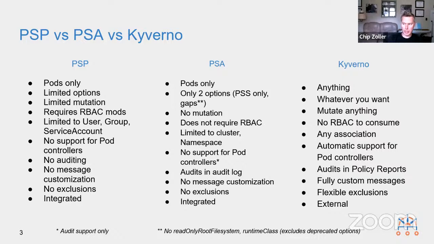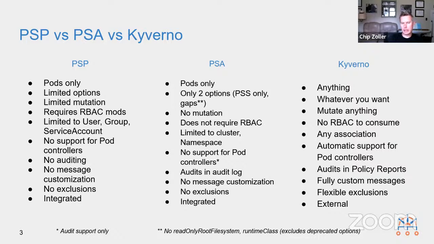So PSPs, pods only. Pod security admission, the replacement for PSPs, also only handles pods. Like pod security policy, pod security admission is an internal admission controller. It's not an external or a dynamic admission controller.